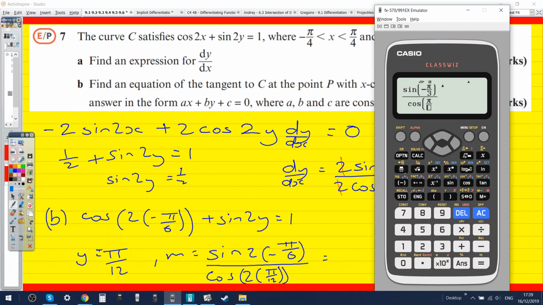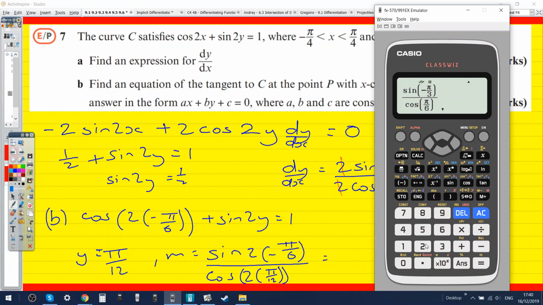Wait, it's not pi over 3. So I just simplified it on the fly, I did something you should never do. But 2 times minus pi over 6 is minus 2 pi over 6, which is pi over 3.